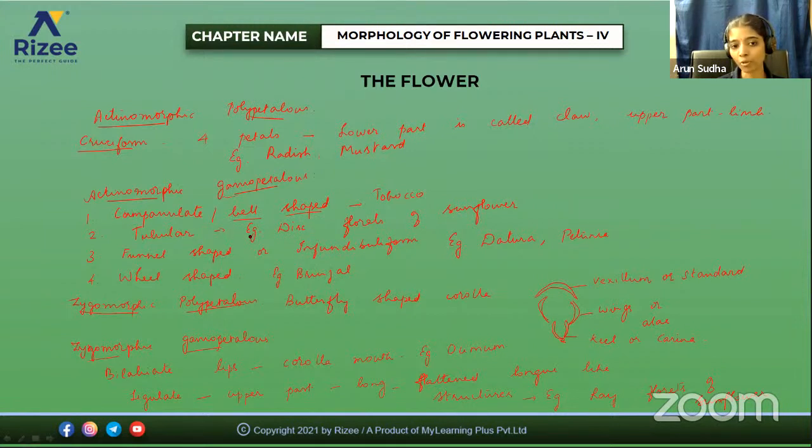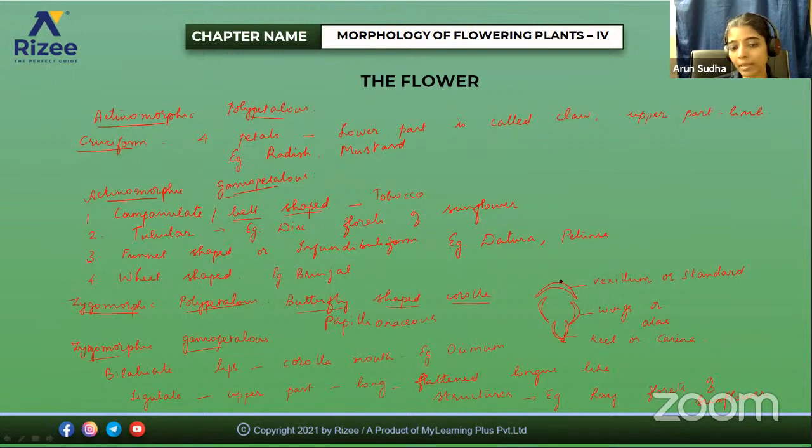Here in the form of a tube, example disc florets of sunflower, and the funnel shape in the case of datura and petunia, and wheel-shaped in the case of brinjal. And under zygomorphic polypetalous, you have the butterfly-shaped corolla, and here mainly the family that is Papilionaceae comes under the butterfly-shaped corolla.